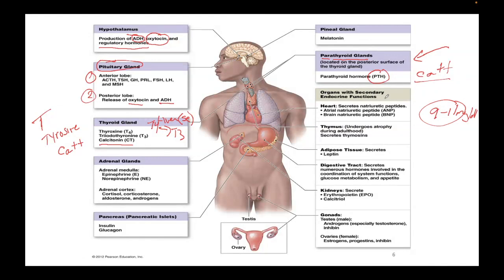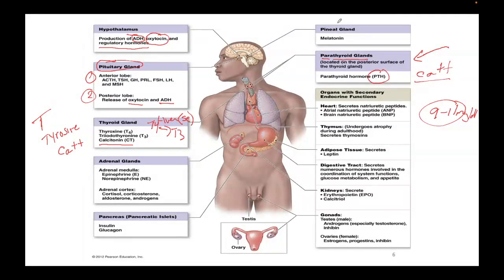So we need calcitonin and PTH to regulate that tight window. So if there's too much of it, the body has to get rid of some. And if there's too little of it, the body has to reserve some. All right, so we'll talk about these in a separate slide, just laying down some foundational work right now.